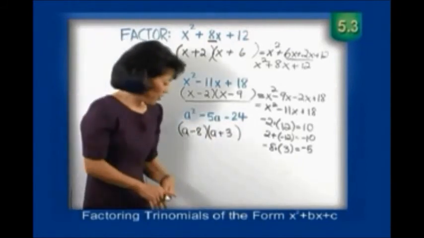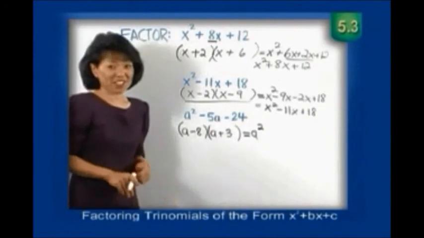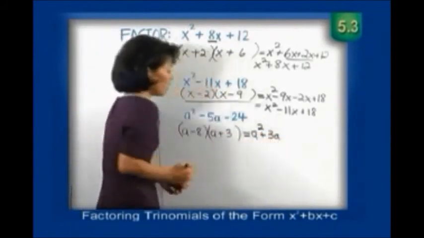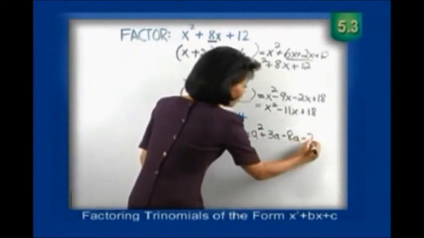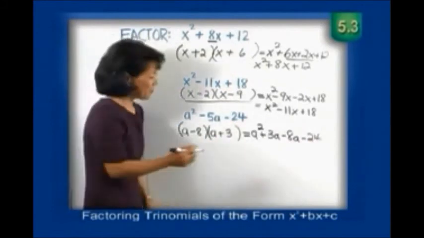Okay, so again, just take a moment at the end to make a quick check by applying FOIL to your binomials. So here we go. F, a squared, and this should be almost second nature to you now, plus outside 3a, plus inside minus 8a, and last we have negative 24 because we have negative 8 times positive 3.